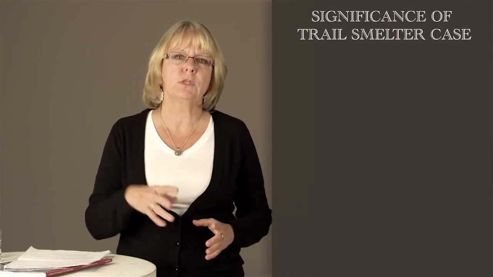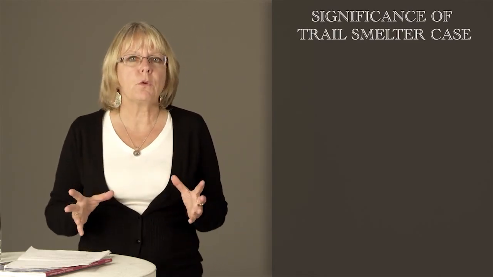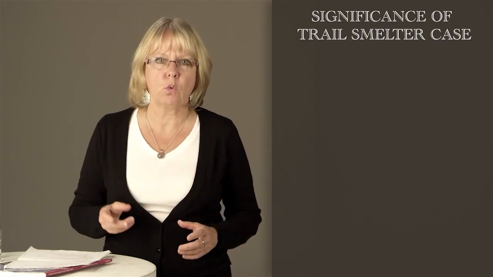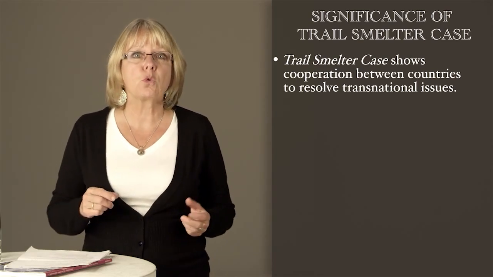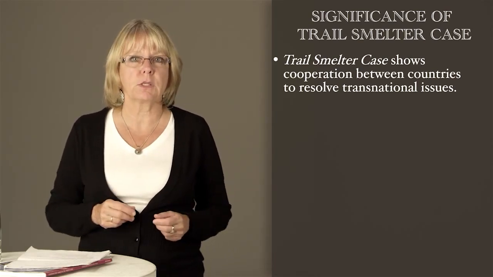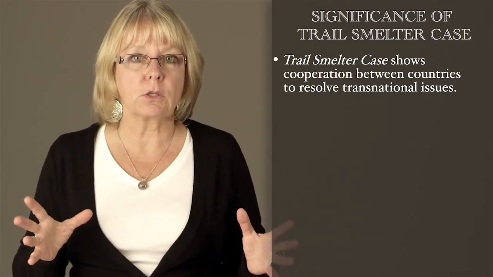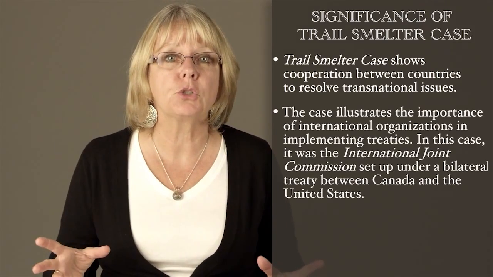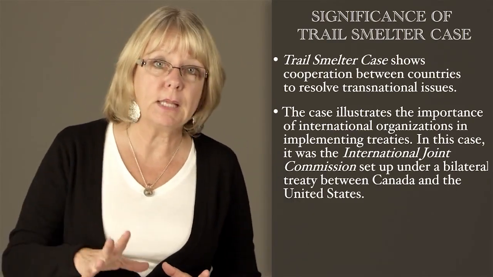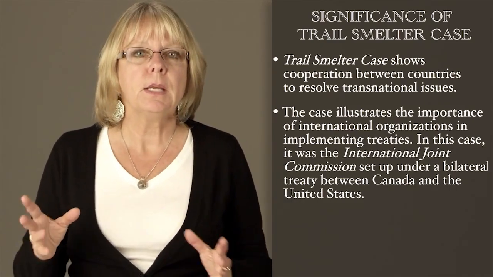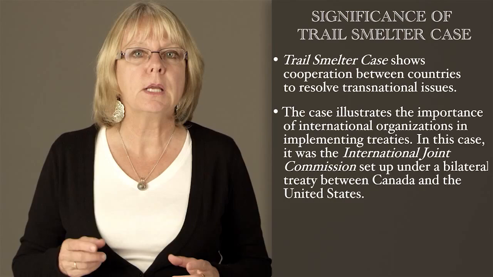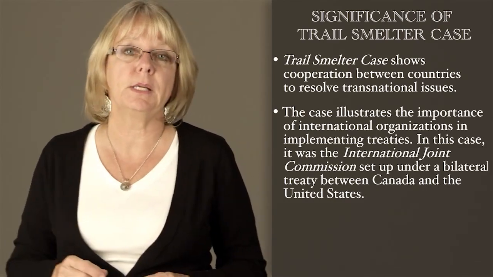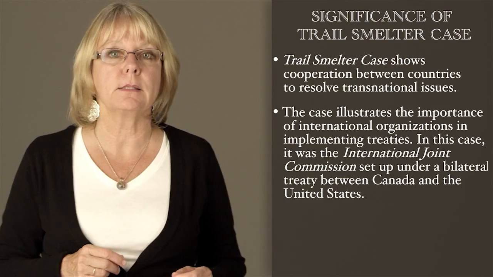Well, what is the significance of this case for business in terms of today's class? First of all, it shows some efforts at cooperation between countries when trying to resolve disputes that cross their borders and affect their citizens. It also illustrates the importance of international organizations that are in place to implement treaties. In this case, it was the IJC, the International Joint Commission, set up under a bilateral treaty between Canada and the United States.